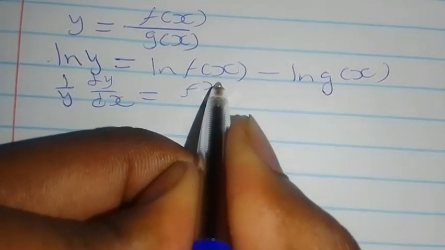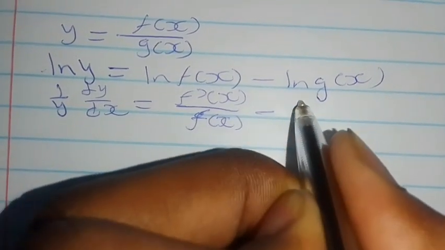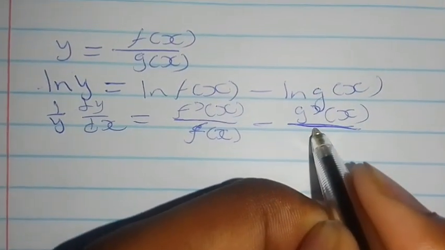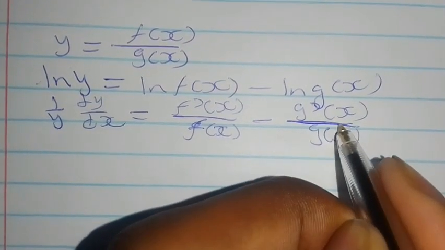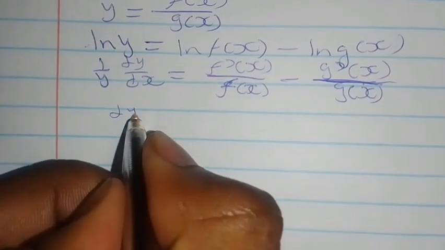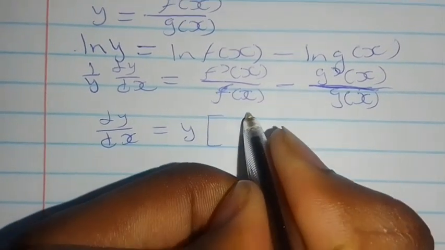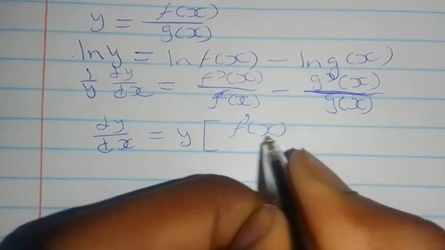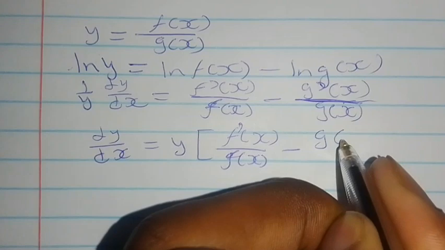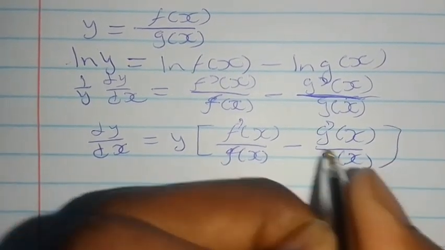This is f prime of x divided by f of x minus g prime of x divided by g of x. And this is the same as dy over dx is equal to y times f prime of x divided by f of x minus g prime of x divided by g of x. That's what you're going to have.